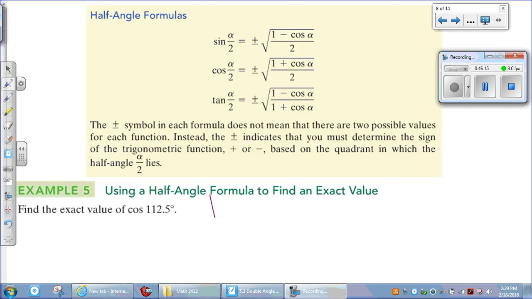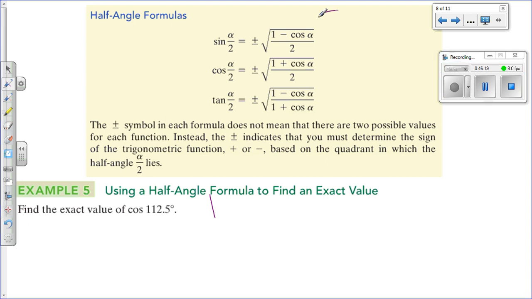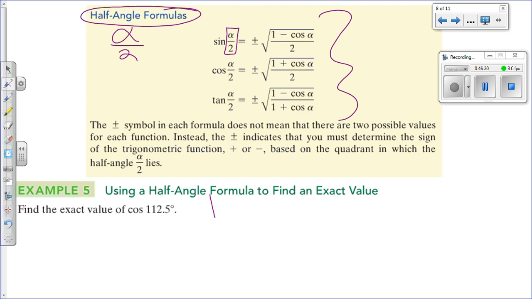Now we're going to move on to example 5, and for this one we're going to use these formulas which are called half angle formulas. They're called half angle because you take an angle, let's call it alpha, and you divide by 2, so that's like half of the angle. To answer this question, we're finding the cosine of this angle.